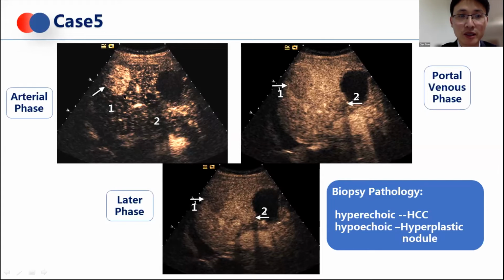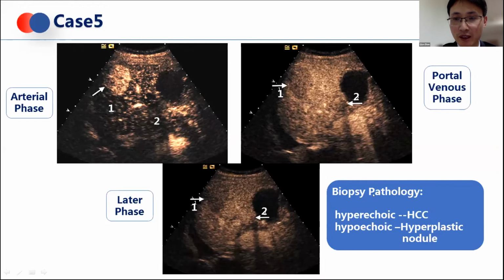So the bigger one, the first hyperechoic nodule, is wash-in and wash-out, and we diagnose it as HCC, while the second nodule, a small one, shows iso-enhancement and no washout in the arterial phase, portovenous phase and late phase. Then we did a biopsy to confirm our result.